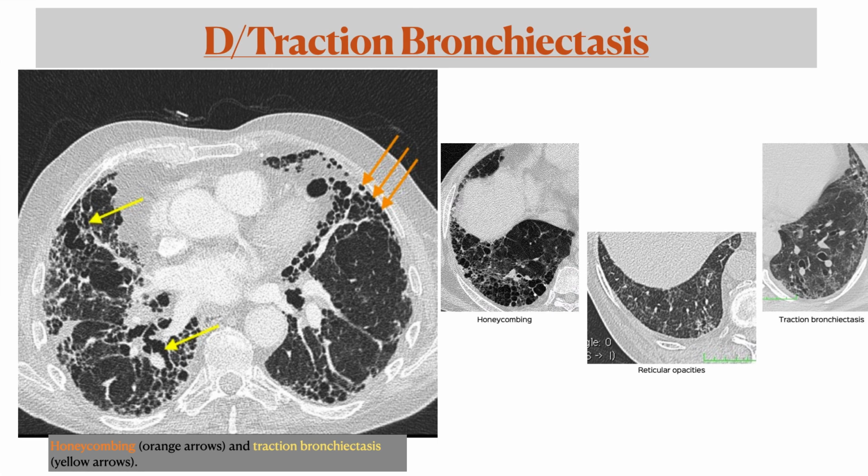So, traction bronchiectasis. It can result from structural distortion and fibrosis of the lung parenchyma, and it may be seen in any of the diseases that result in end-stage lung disease, such as idiopathic pulmonary fibrosis, and collagen vascular diseases like scleroderma and systemic sclerosis.